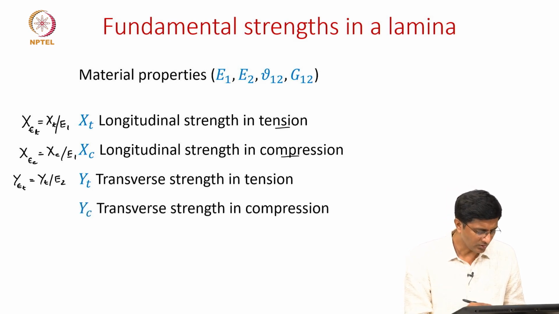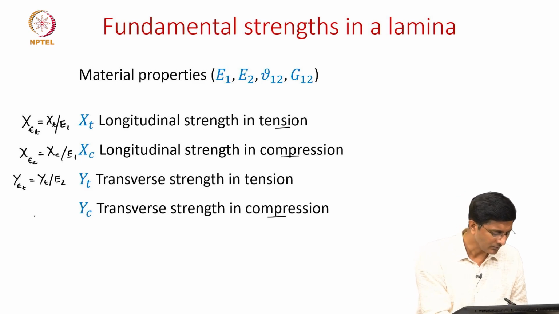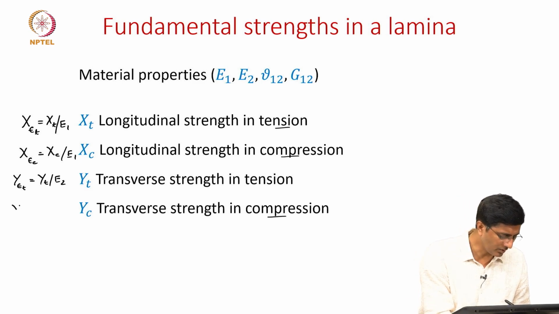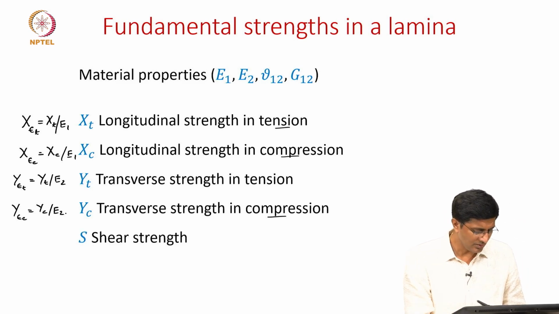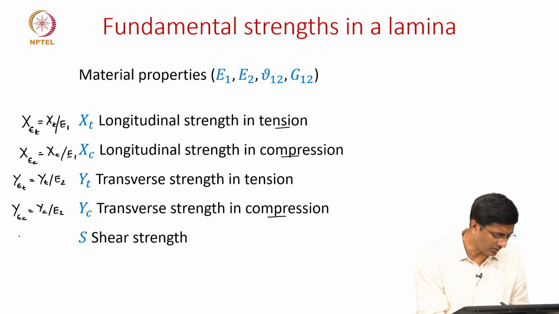And then we also have the transverse strength in compression, and the corresponding strain we'll write as Y epsilon c, which is Yc by E2. And lastly we have the shear strength S, and the corresponding failure strain we'll write as S epsilon, which is given as S by G12.